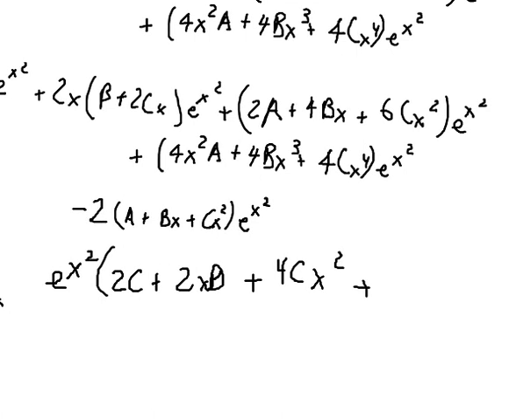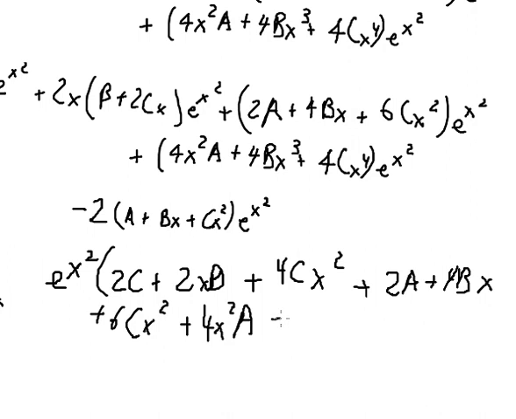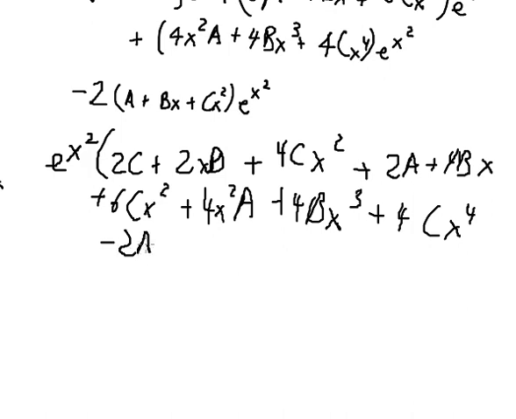The next one, we have 2a, 4bs, 6cs squared, plus 4s squared a, plus 4bs to the power of 3, plus 4cs to the power of 4. And we have minus 2a, minus 2bs, minus 2cs squared.